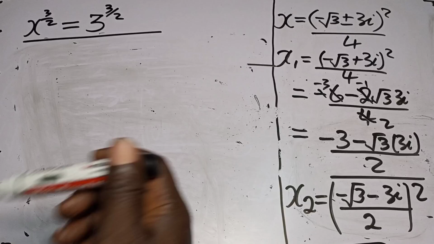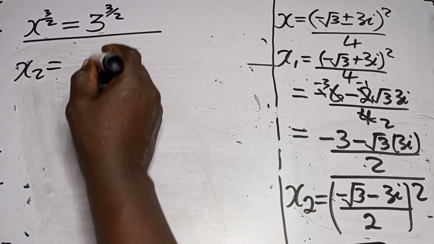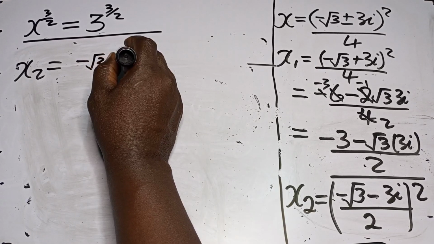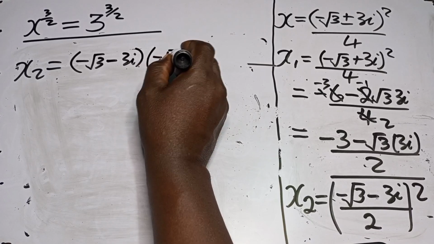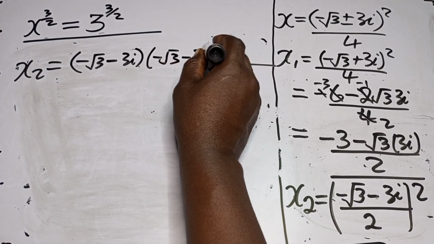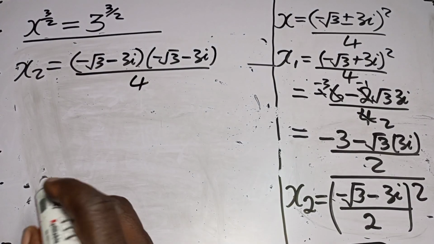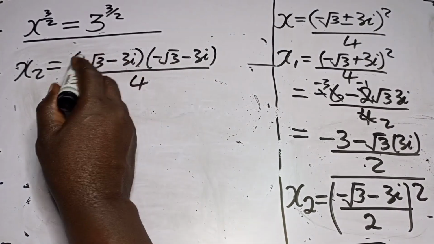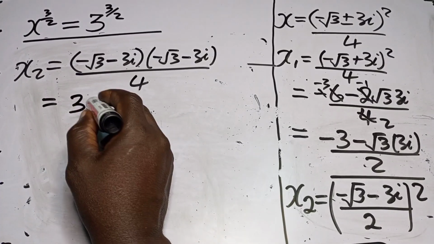So we have x2 equal to negative root 3 minus 3i multiplied by itself, all over 2 squared, which is 4. Negative root 3 times negative root 3: negative times negative is positive, root 3 times root 3 is 3.